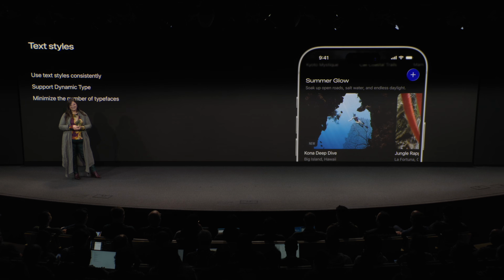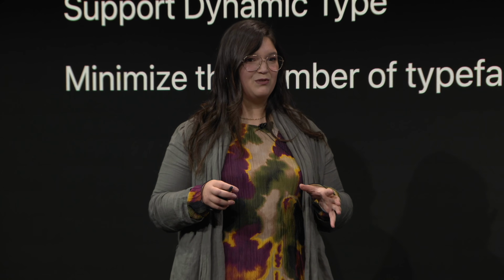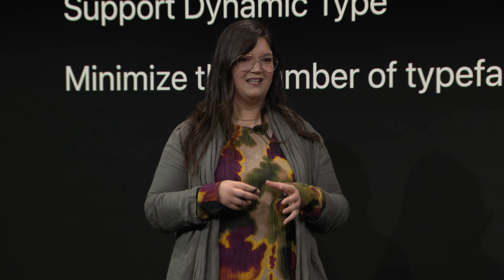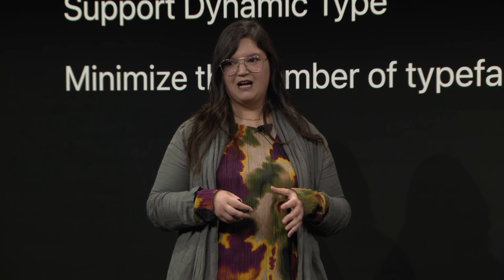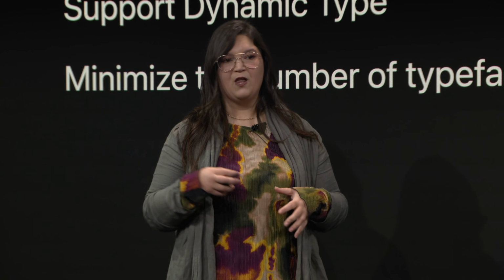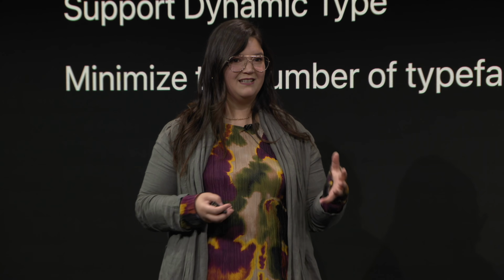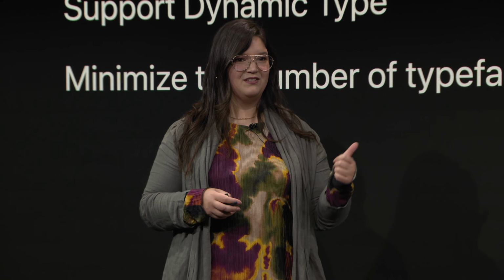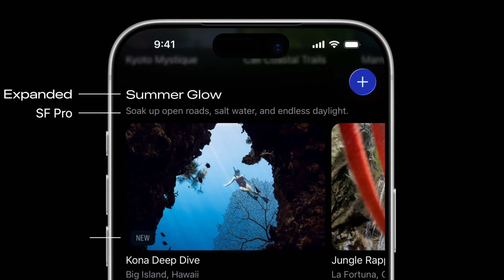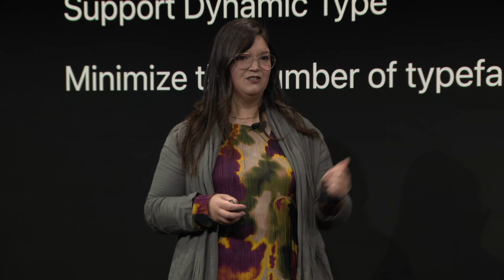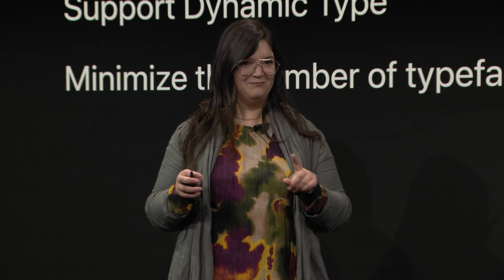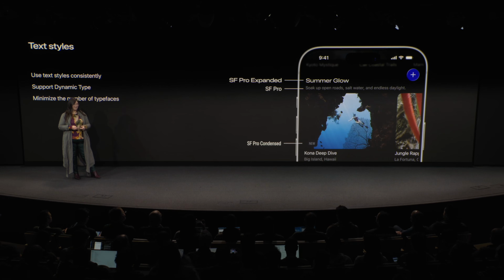If you are a font fan, you'll notice that I've used Apple's system font, SF Pro, across the entire app. But I'm obviously not just using one style. SF Pro includes different variants that let me shape the personality of the app without compromising legibility. We were going for a more sporty type of vibe, so I've been using Expanded for emphasis in titles and Condensed only sparingly in some overlays.